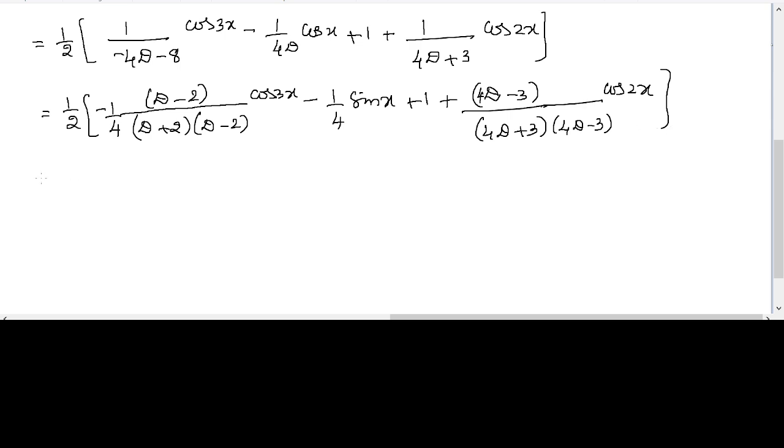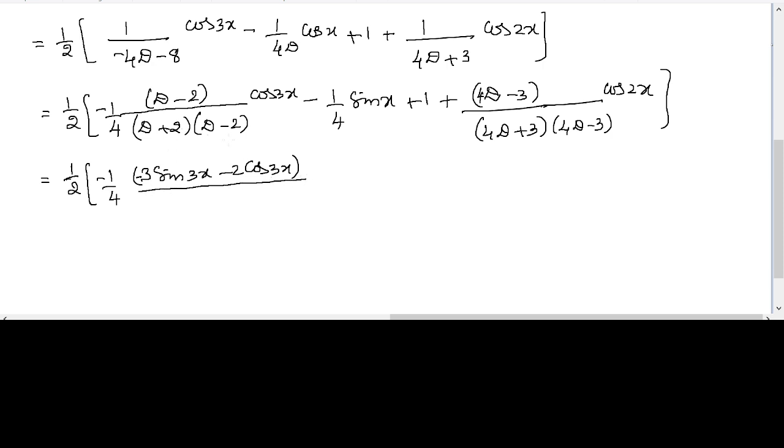So now by simplification we get 1 by 2 into minus 1 by 4 of, what is the d of cos 3x? That is derivative.